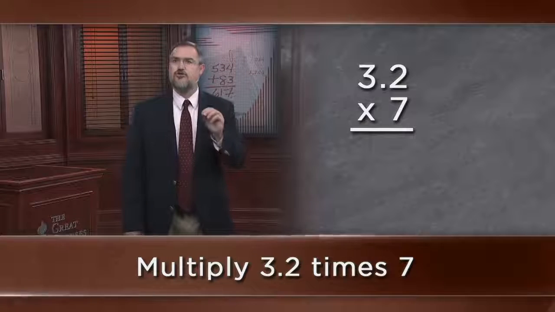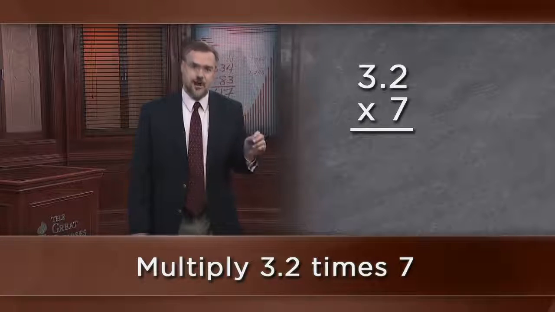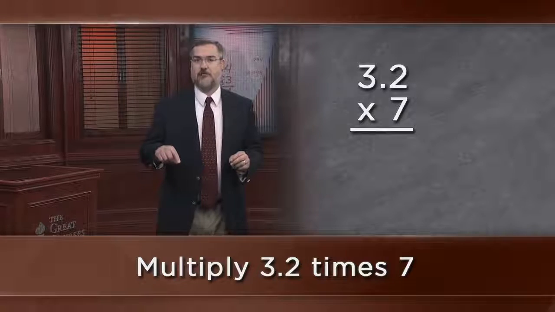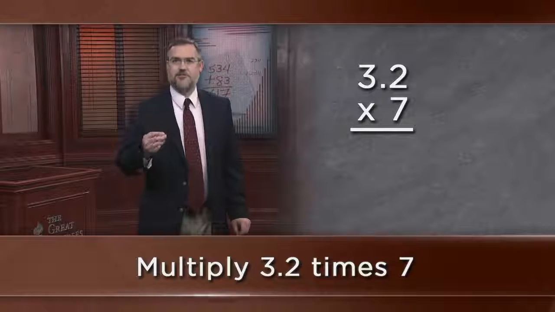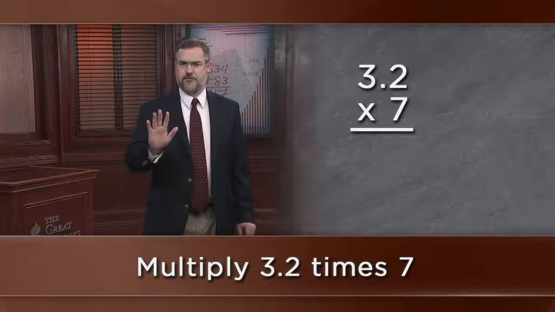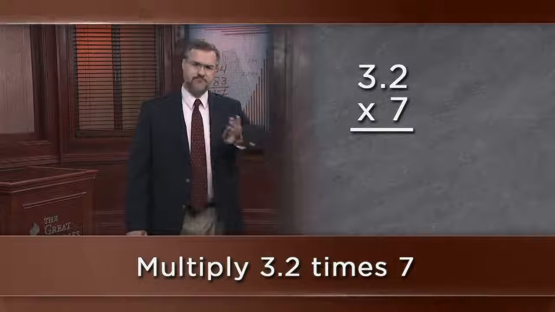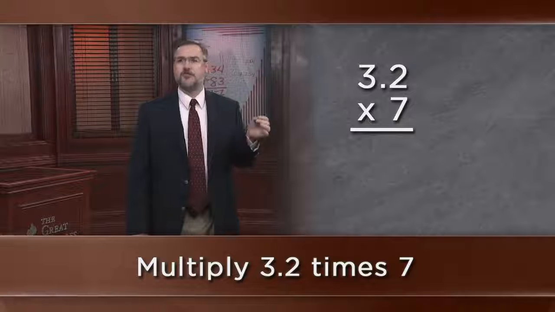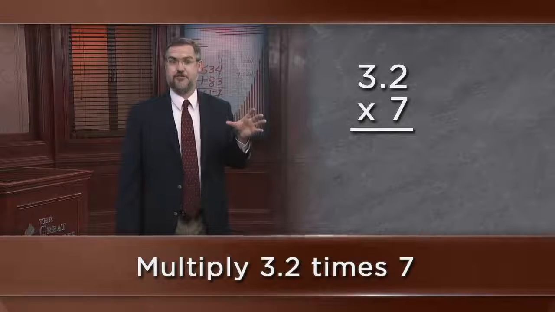This is a huge difference between adding and subtracting decimal numbers versus multiplying and dividing decimal numbers. We do not have to line up those decimal points when we multiply. So we're just going to write the two numbers, one above the other, in a right justified sort of way, with the 2 just above the 7 in the example.